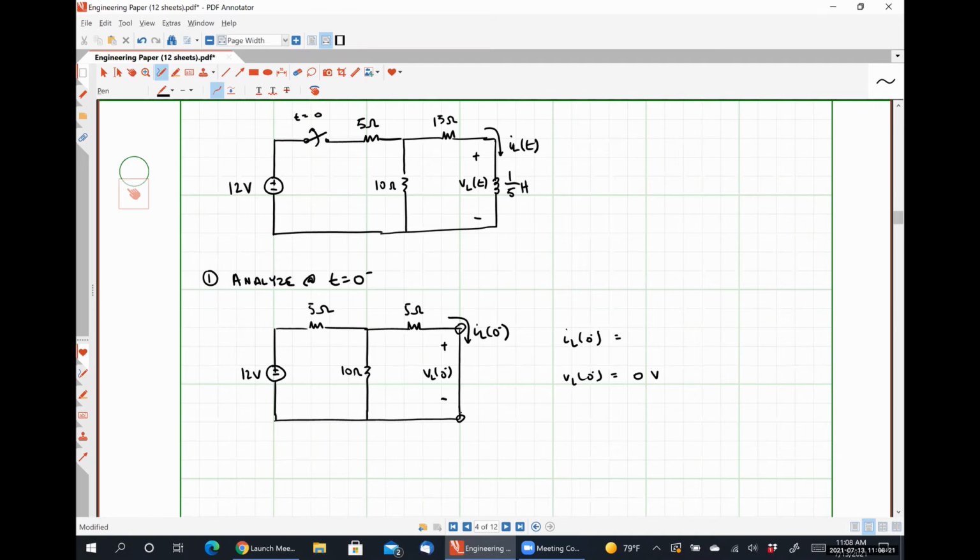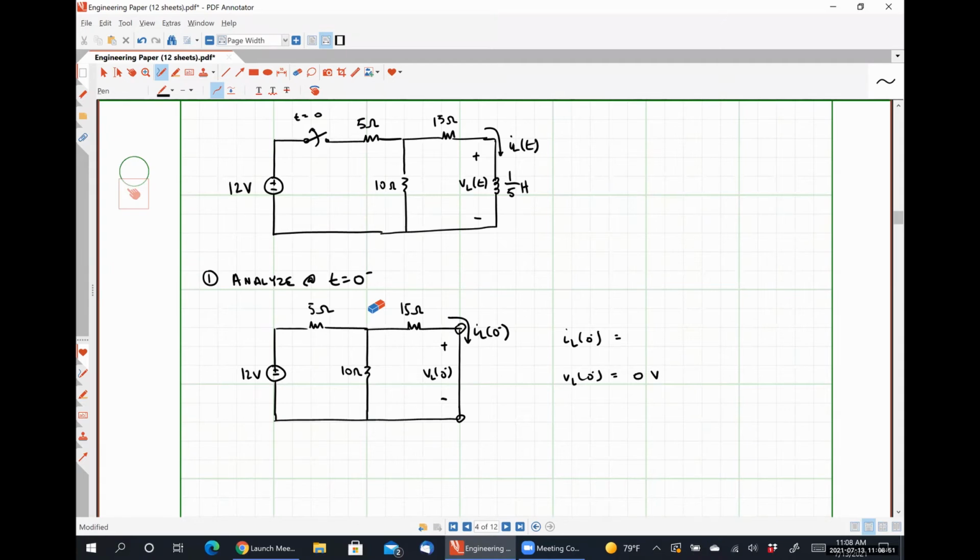If we were trying to find the voltage drop over the 5-ohm, sorry, this should be a 15, we would need to be looking at this node, which is not what we're looking for. Does that make sense? Okay. So the voltage drop over an inductor at t is equal to 0 minus will always be 0 volts. It literally can't not be that.